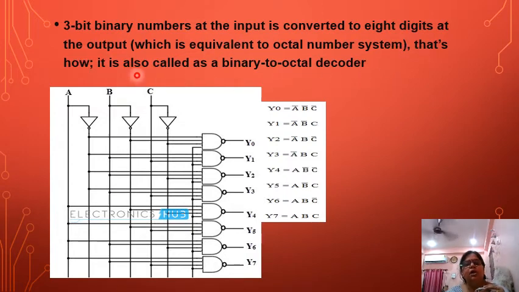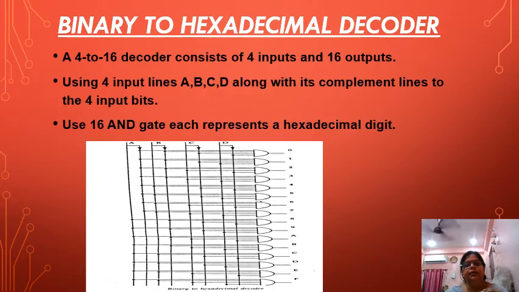That's why it is also called a binary to octal decoder. These are the 3 inputs, each with complement and non-complement. And this is the circuit with OR logic and AND logic gates.